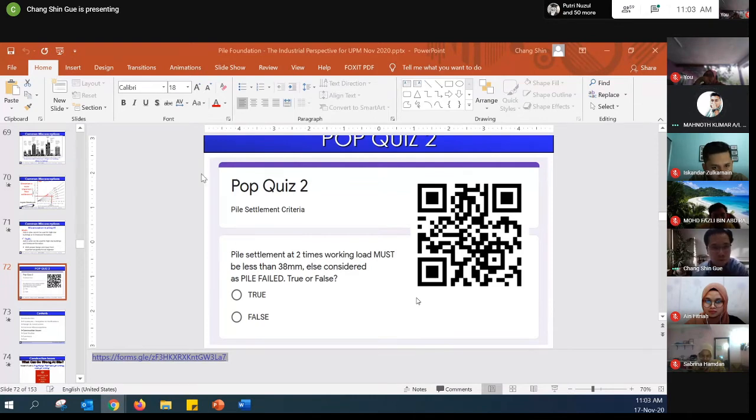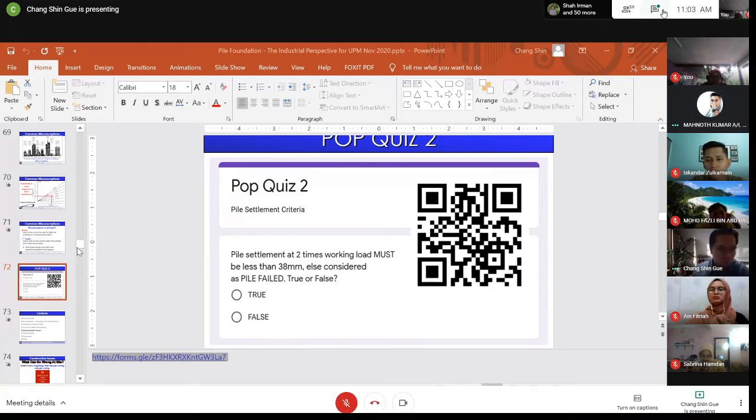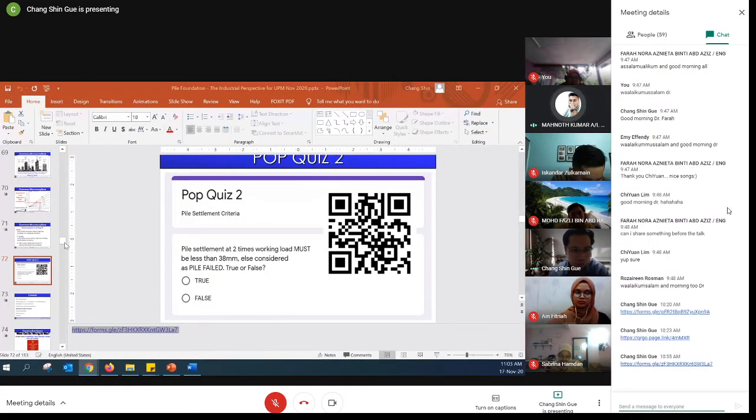Do the four reasons have equal importance, or does one specific reason have more importance than the others? And if it's cost, is stabilization or rectification carried out first, or is the piling method changed? Okay, that's a good question.